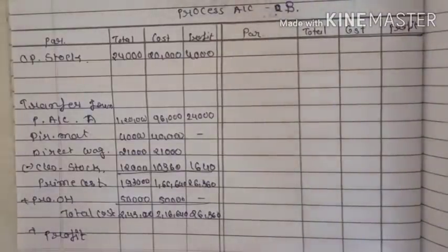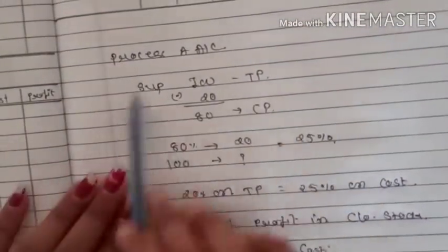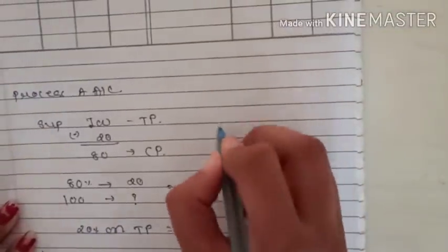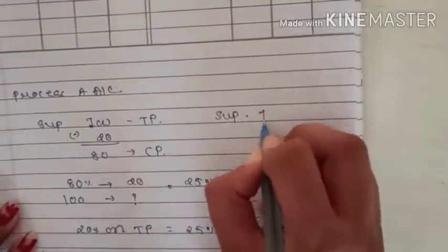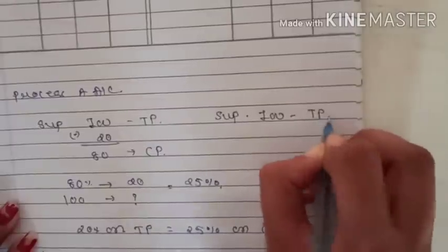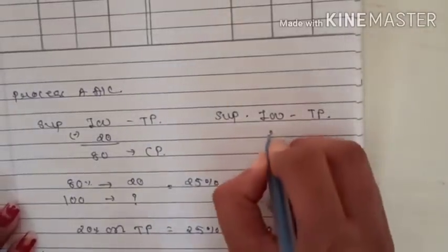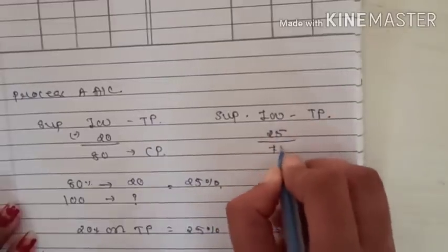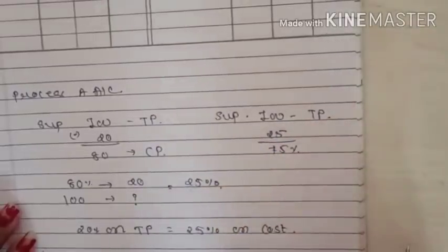So again we have to calculate the percentage on cost, in the same method, right? So I'm calculating here. Suppose 100 is a transfer price. The percentage given is 25. Then 100 minus 25 will become 75, right?